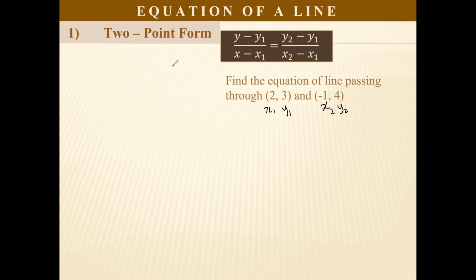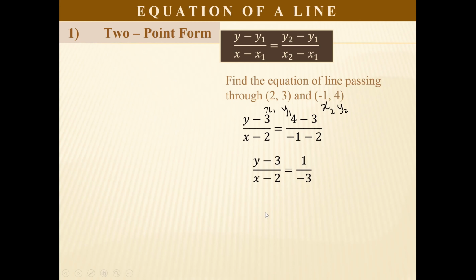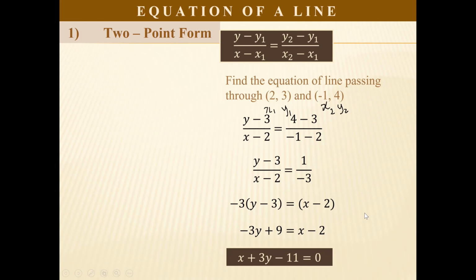Substituting these values in the formula, we have y minus 3 upon x minus 2 equals 4 minus 3 upon minus 1 minus 2. Simplifying and cross multiplying, and writing the equation in the standard form of a linear equation in two variables, our answer is x plus 3y minus 11 equals 0.